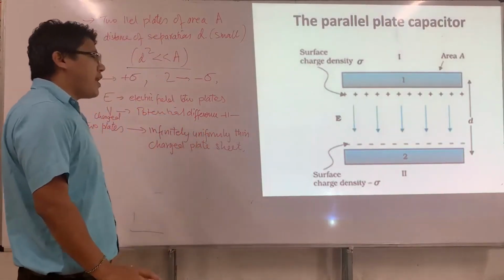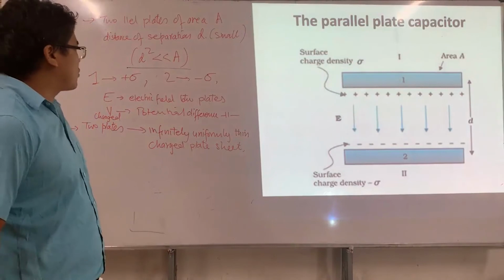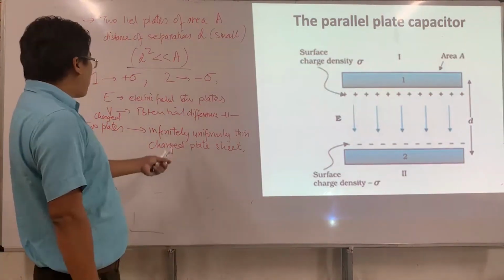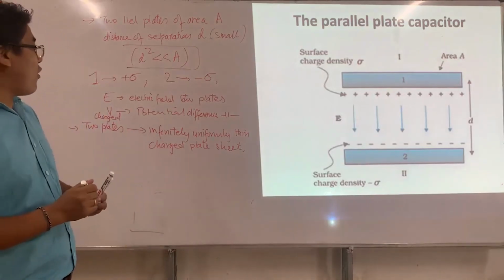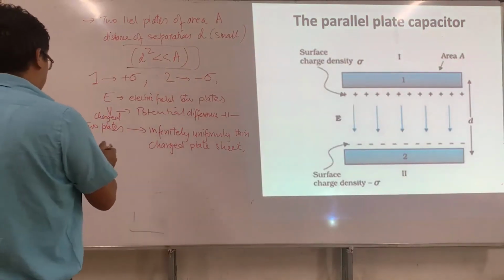This is a very, very important approximation. Why? How can I take this approximation? This is the reason, because of which now I am going to do this.